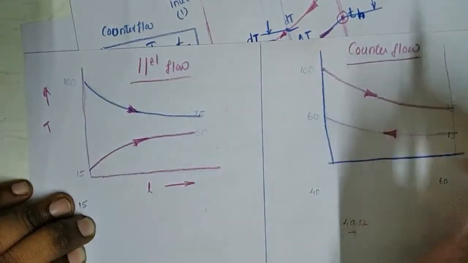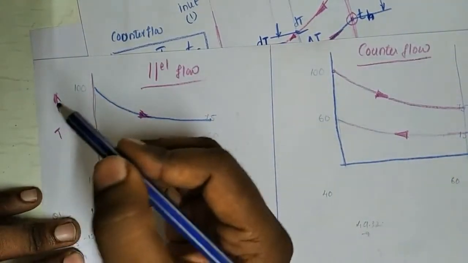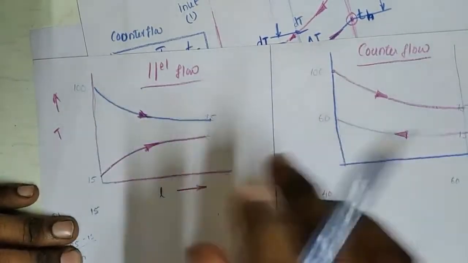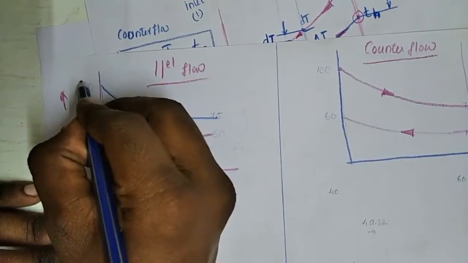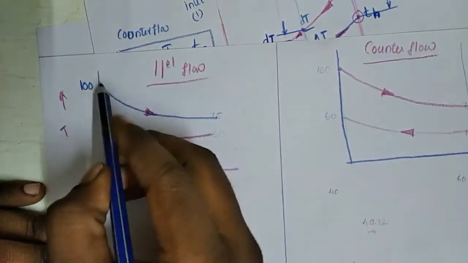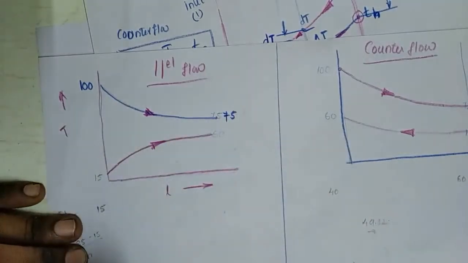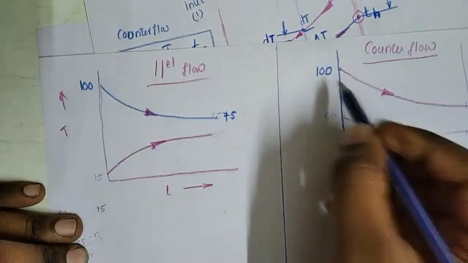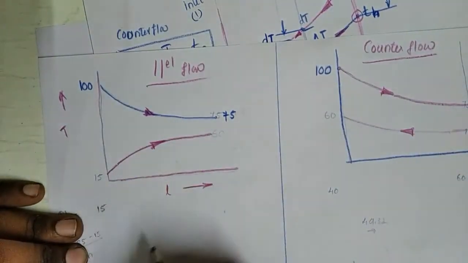A small mathematical analysis. Now we are taking the inlet and outlet temperatures for both heat exchangers as the same. For the parallel flow heat exchanger, the hot water is 100 degrees Celsius, and after the heat exchanging process its temperature comes to 75 degrees Celsius. In the counter flow also, I am taking the hot water as 100 degrees Celsius and after cooling it is 75 degrees Celsius.